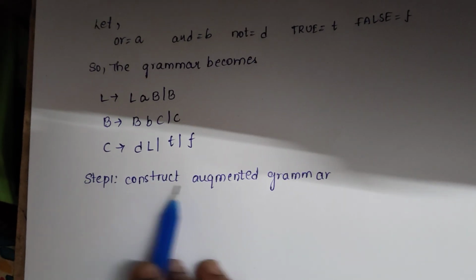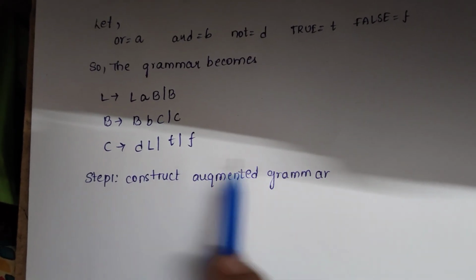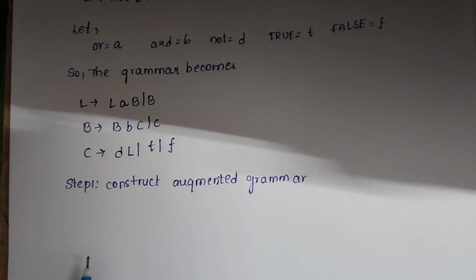Step 1 is to construct the augmented grammar. How do we calculate it?